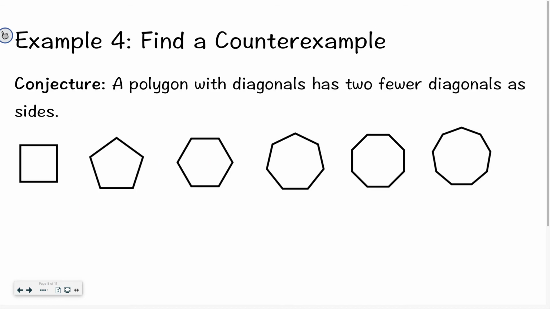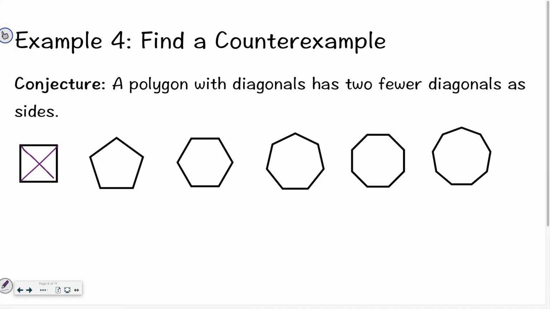Example 4, find a counterexample. So we want to find something that proves this wrong, okay? My conjecture is that a polygon with diagonals has 2 fewer diagonals as sides. Now we want to find a counterexample. So I just put a bunch of polygons up here so we can test out some diagonals.